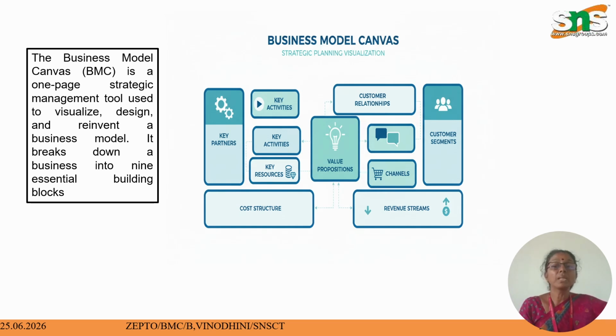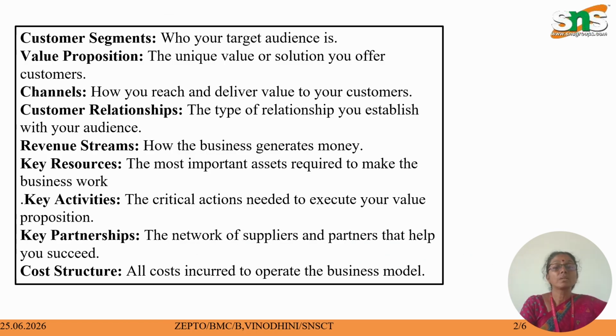Every company that has a business model can use this tool to design and visualize its business strategy, which will help the growth of the company. So we have nine building blocks of BMC for every company.